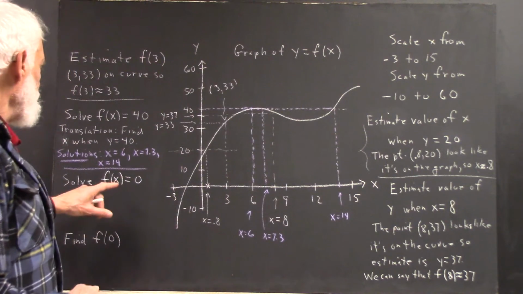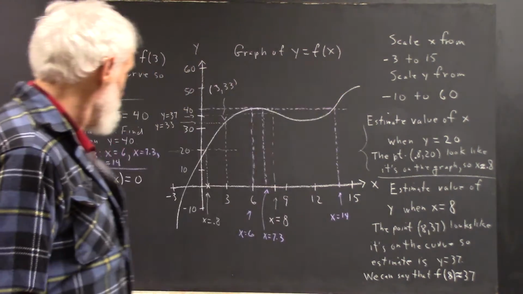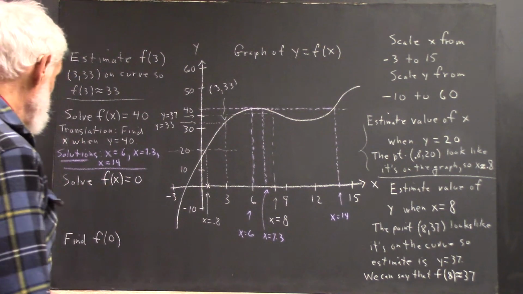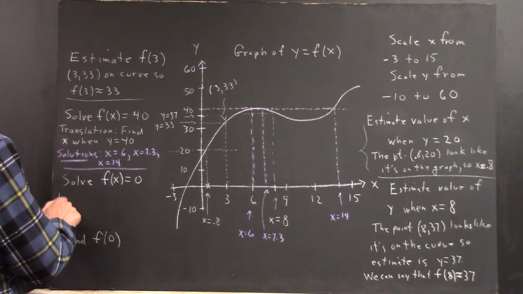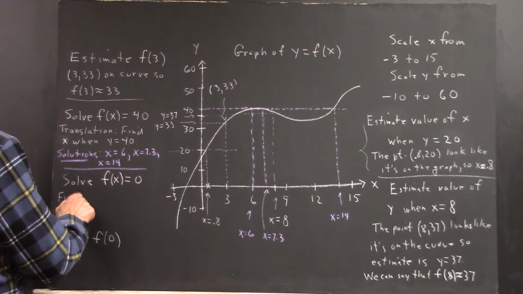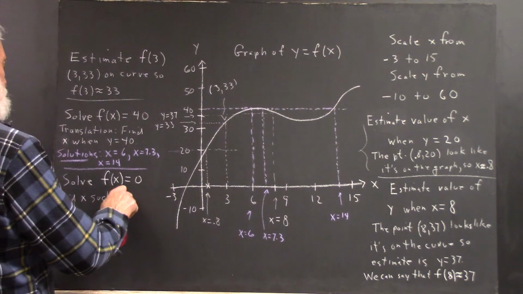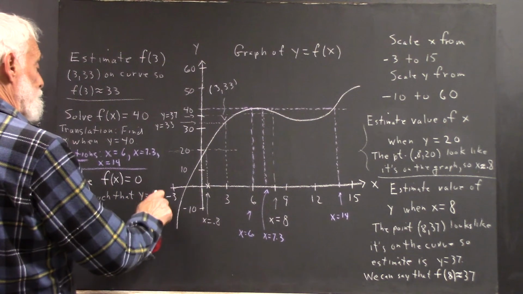Okay, solve f of x equals 0. Well, y equals f of x, so this means find the value of x such that y equals 0.